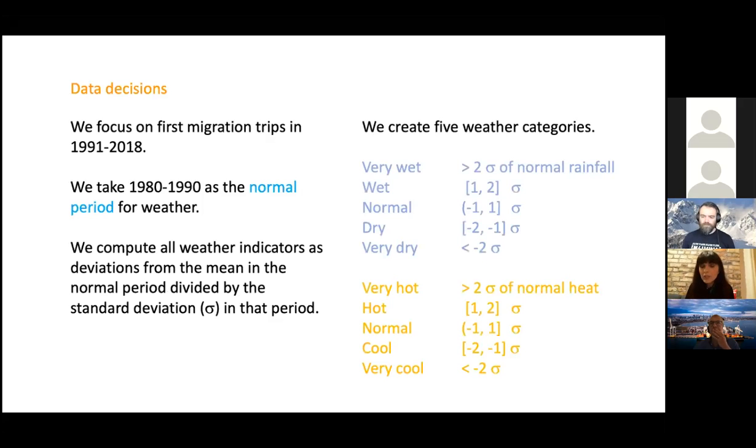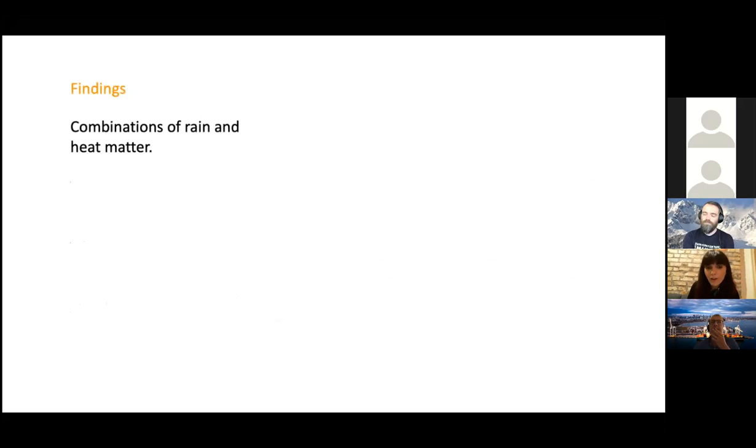And then we consider the full spectrum of events. So we create 5 categories divided by standard deviations. Very wet weather is when you're 2 standard deviations above the normal weather in the 1980s, and so on and so forth. Now, what do we find here?